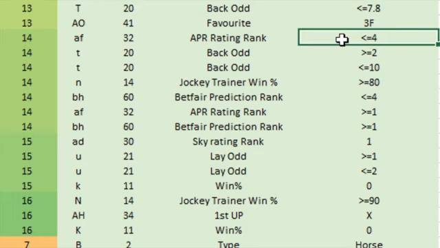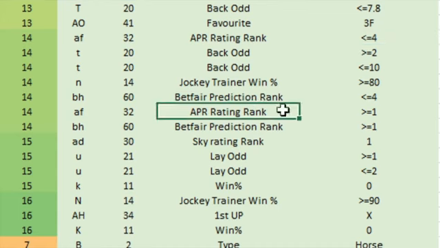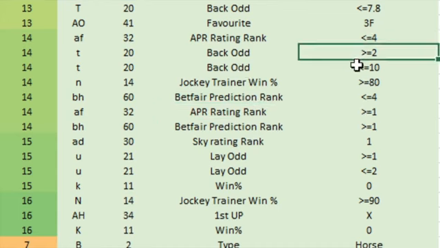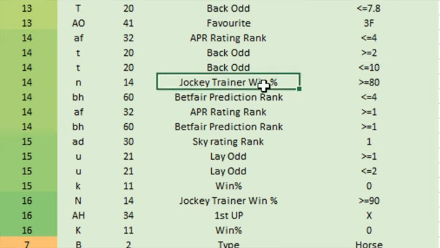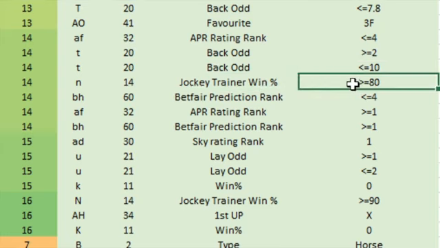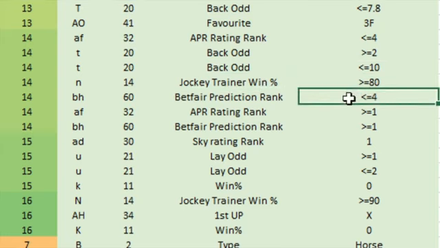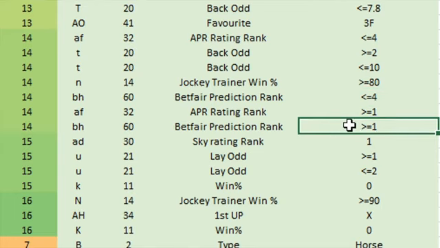I've got bet APR rating of less than or equal to 4. I've also got that set here as equal to or greater than 1. Back odds of between 2 and 10. Jockey trainer rating of 80 plus. Betfair rating again between 1 and 4. You can fiddle with this as much as you want.